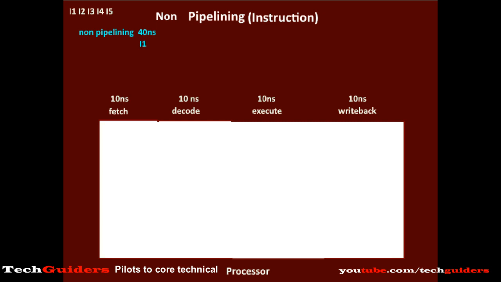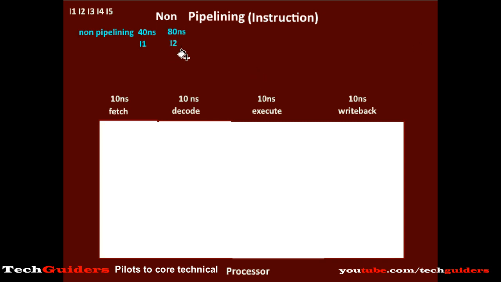After processing instruction I1, the processor will start fetching the next instruction I2. Now I2 is being fetched. After 10 nanoseconds, I2 is decoded, then I2 is executed, I2 is written back. So again after 40 nanoseconds, at 80 nanoseconds, we get instruction I2 out.